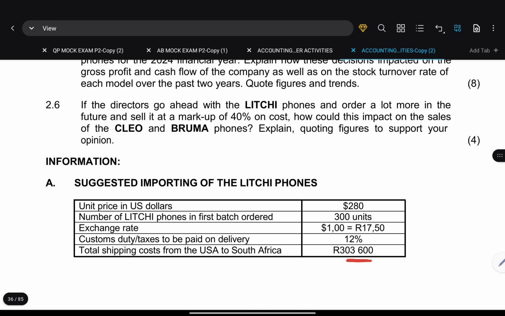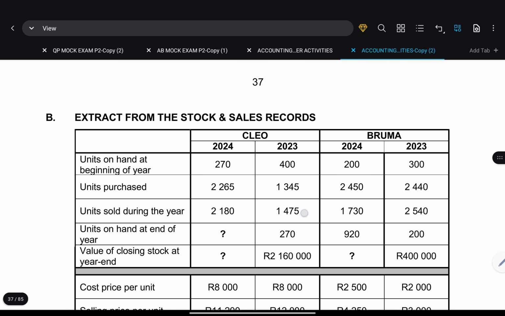We are going to start here. Each unit costs around $280, and $1 is equivalent to 17 rand 50. So we are going to say 17 rand 50 multiplied by 280, and then multiplied by 300.